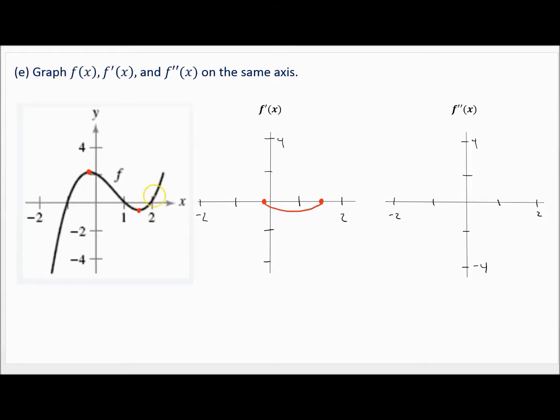Now over here, to the right of that 3/2 value, the slope is positive, so that means it's above the x-axis. And over here, the slope is positive as well, because it's an increasing graph everywhere along here. You have a tangent line, and it gets closer and closer to 0, so the further it gets away, the steeper it is. So your first derivative looks similar to that. Not exact, but similar, and that's all I'm going for.